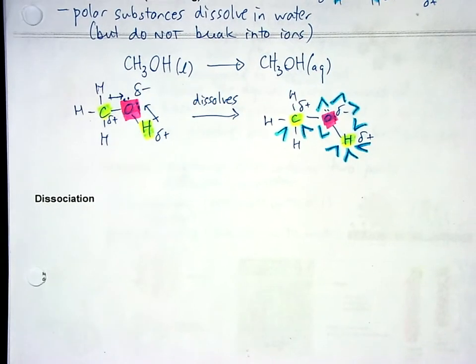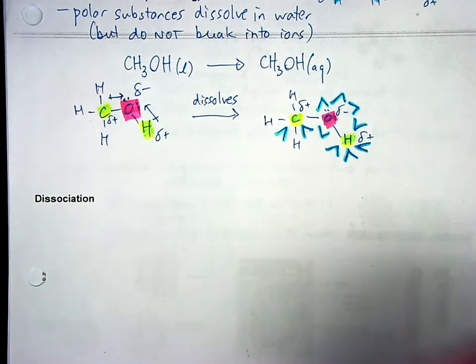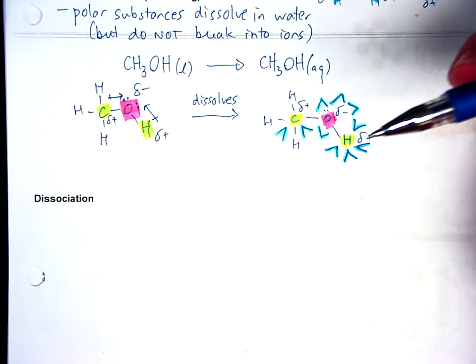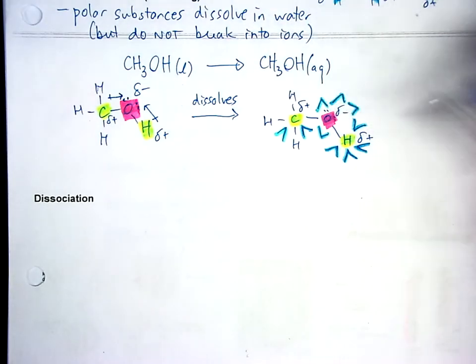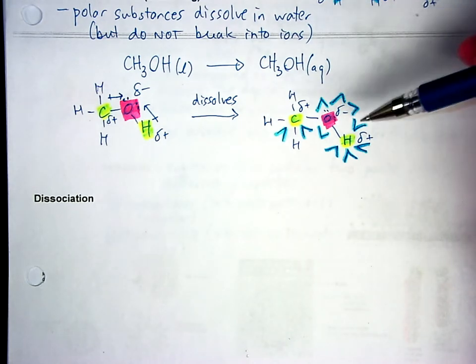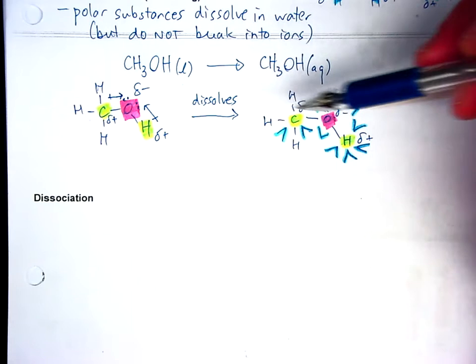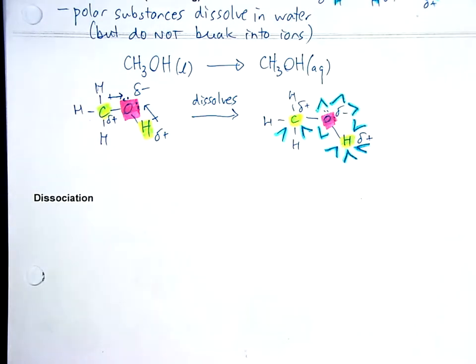So that's what we generally see when a polar substance that doesn't have a full charge, just has these partial charges, interacts with water. We have these dipole-dipole interactions. And so we can solubilize the solute as it comes in with water.